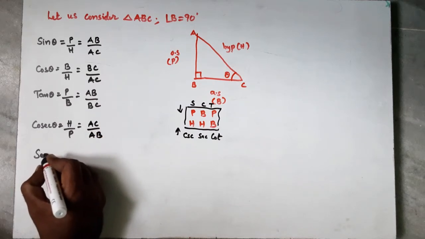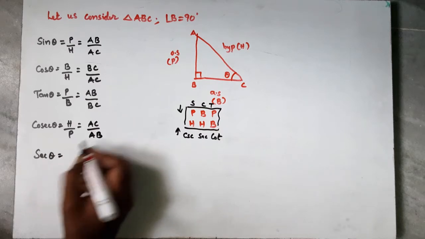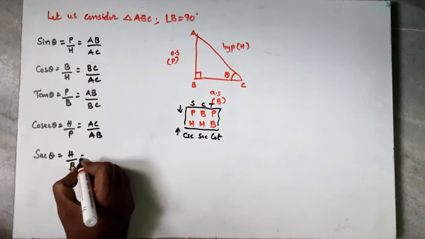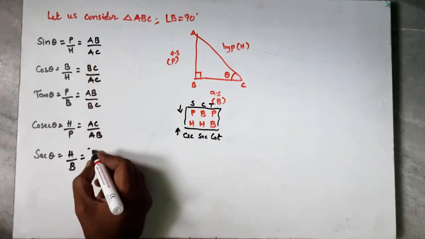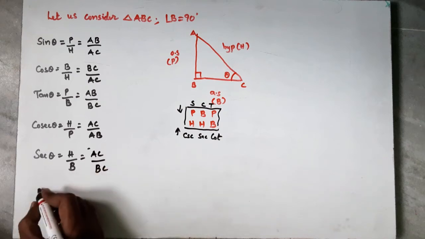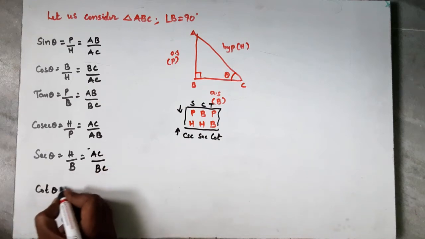Sec theta is equal to H by B. So what is that? AC by BC. Then cot theta, what is here?